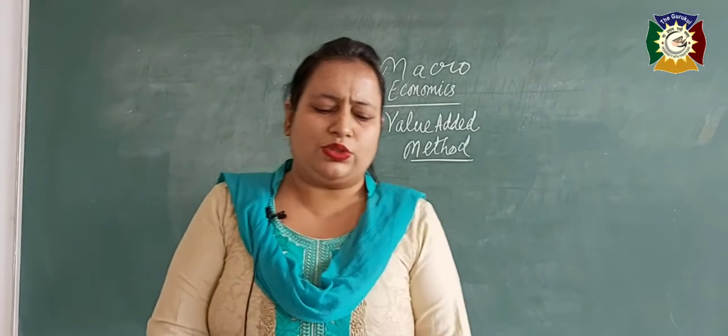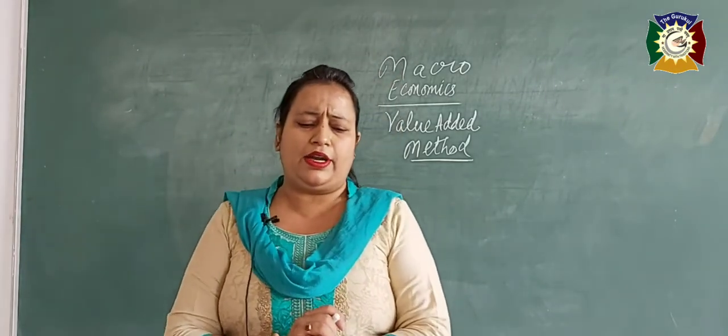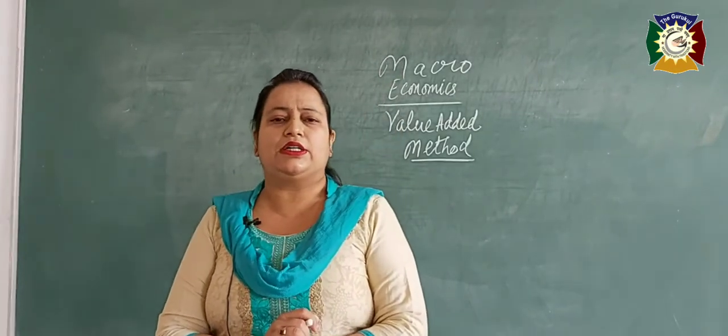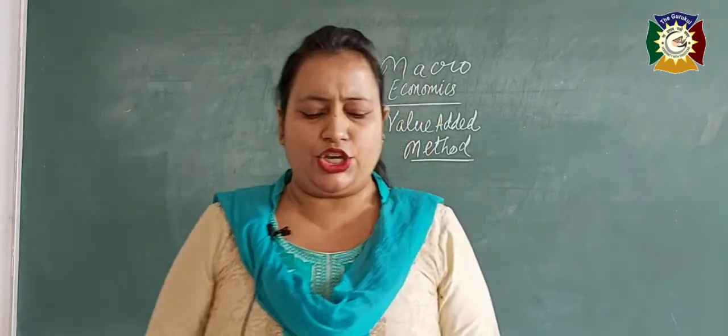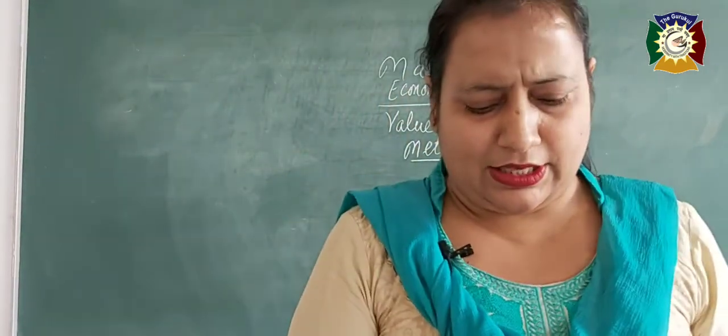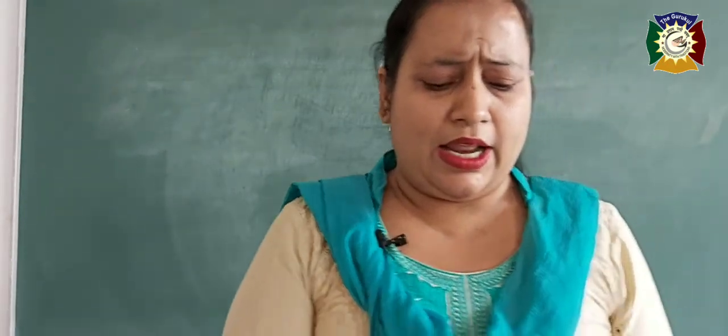So I am telling you the definition of the value added method. It measures the national income in terms of value addition by each producing enterprise in the economy during an accounting year.